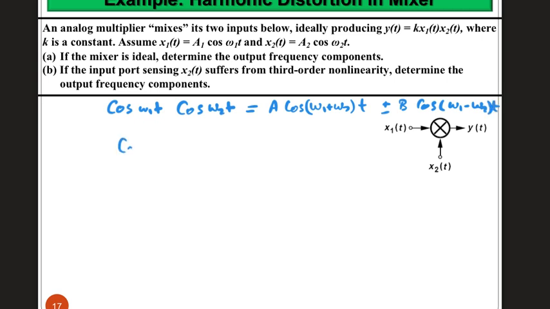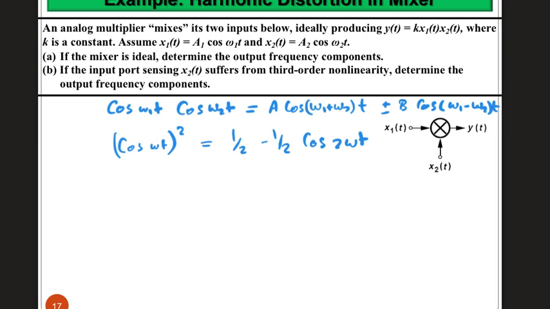The other thing is that cosine of omega t squared is equal to half plus half cosine of double the frequency. Square a cosine function, you can represent that as cosine of double the frequency, and some DC term appears as well. So taking those into consideration, you should be able to solve for both and tell me which frequency components will appear.